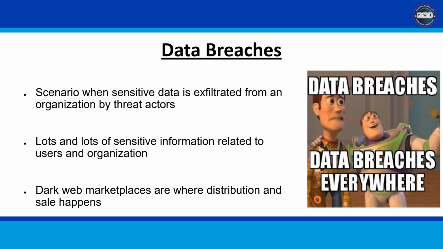Because when an organization is breached and the threat actors exfiltrate the data, most of it is classified, proprietary, sensitive information. It could include the user's username, password, email address, date of birth, social security number, Aadhaar number, PAN card number. It could be their credit history. It could be personally identifiable information.